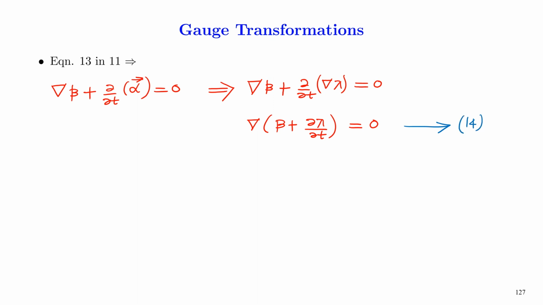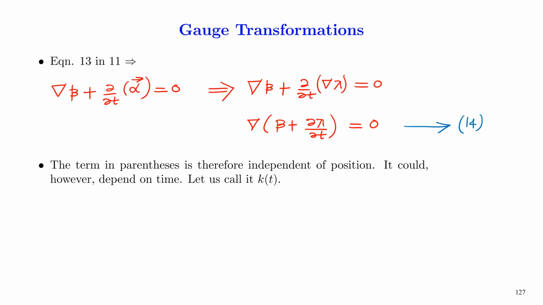Equation number 14 indicates that the term inside the parenthesis is independent of position, but it could depend on time. Let us call the time dependence k(t).